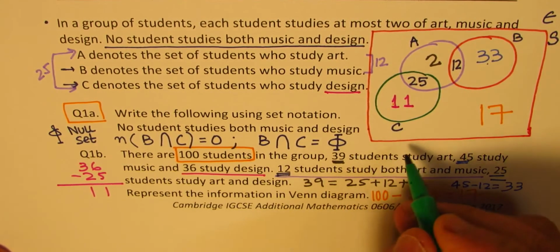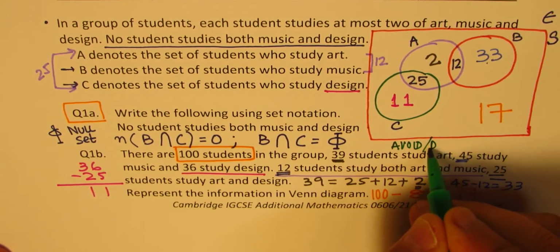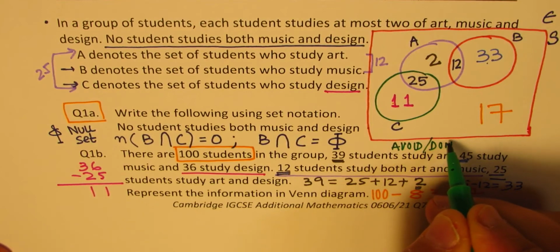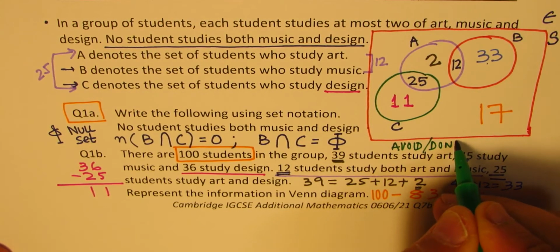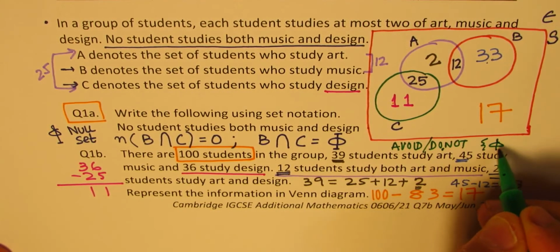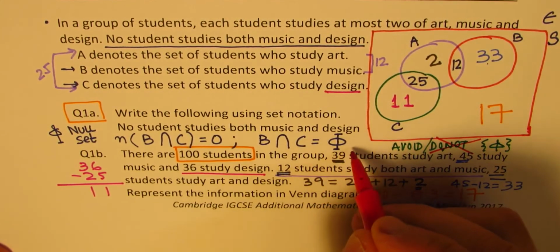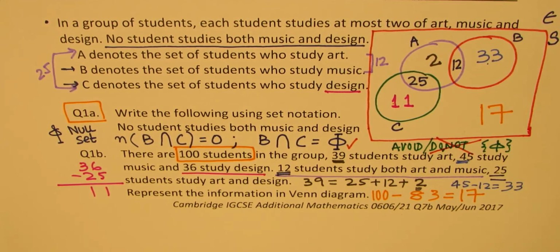So do not write this in a set, right? So avoid that. This is very important to understand when you are writing number of students. You're not really listing them out, right? So that's the whole idea. Anyway, that is how you're going to answer this question. I hope it really helps.